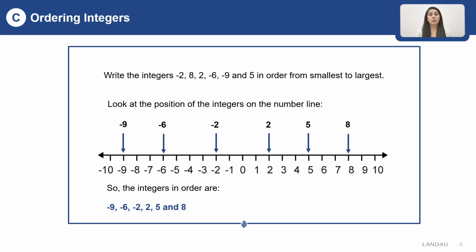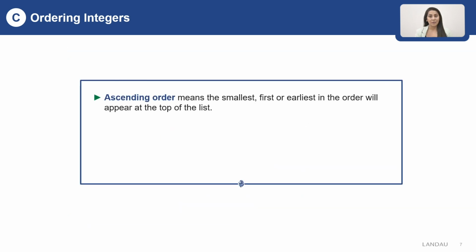Therefore, in order to order the integers, we can use a number line. It is important to know the difference between ascending and descending order. When numbers are ordered in ascending order, that means they are ordered from the smallest to the largest.